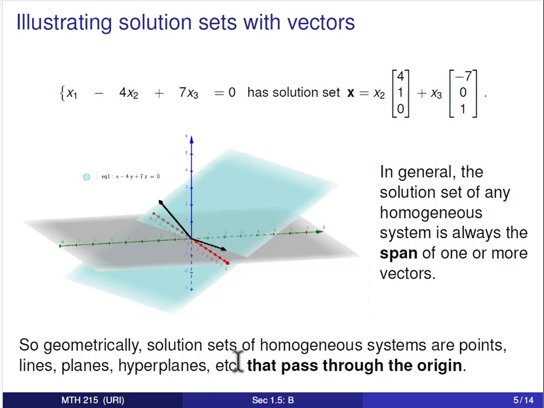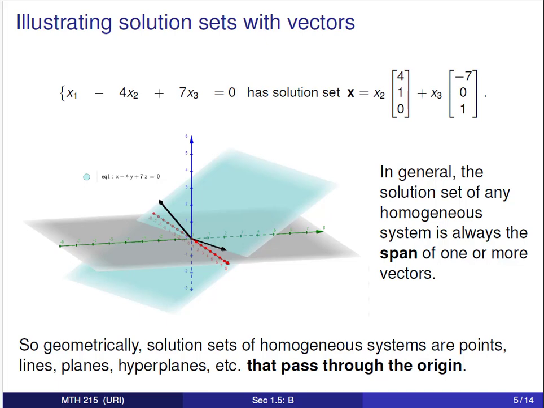And these particular solution sets, these geometric objects, are going to pass through the origin because of the origin being a solution. Remember, the trivial solution was the solution where you set every variable equal to 0, and that corresponds exactly to the origin in your Rn space.